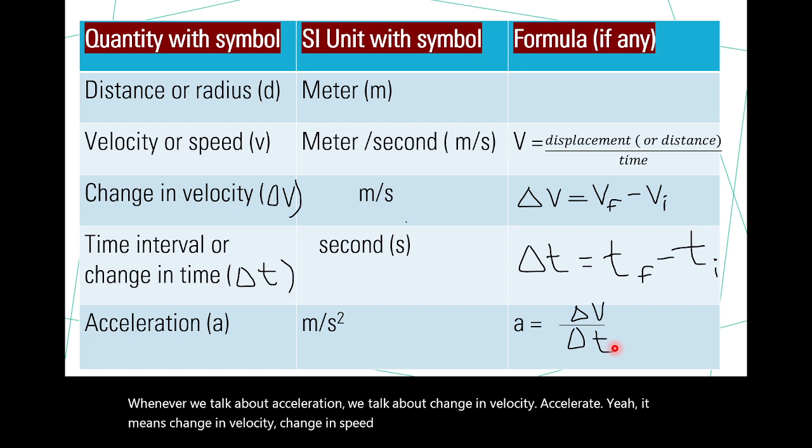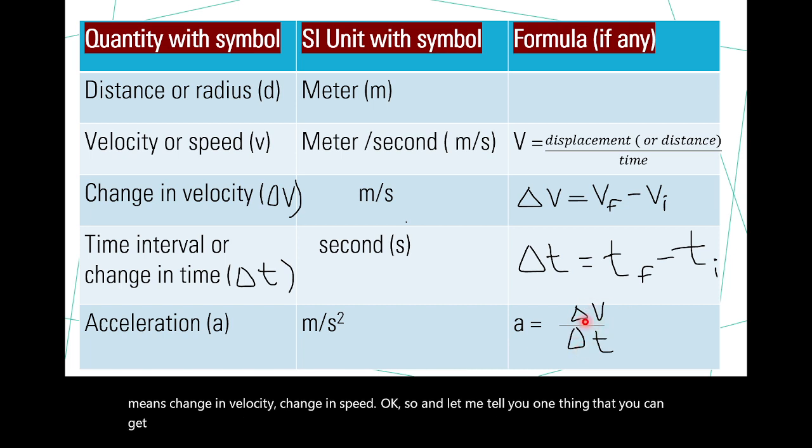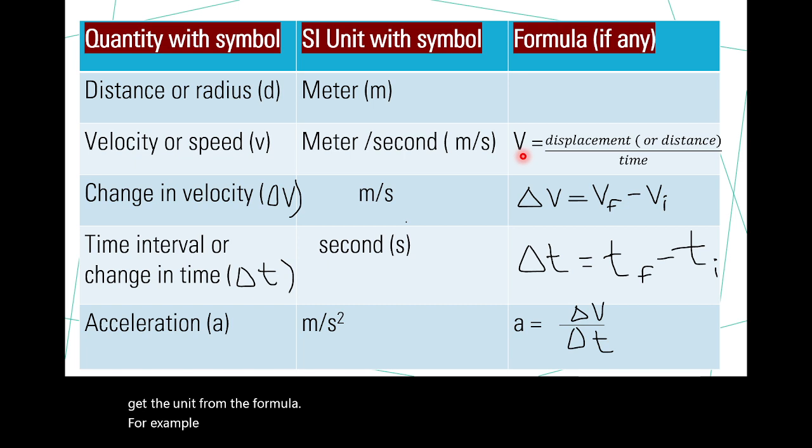Let me tell you one thing: you can get the unit from the formula. For example, the formula for velocity is displacement over time. The unit of displacement is meter, divided by the unit of time, second.